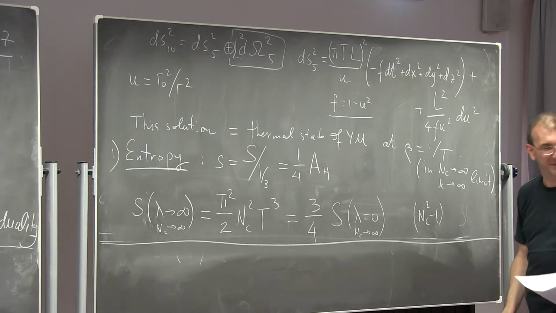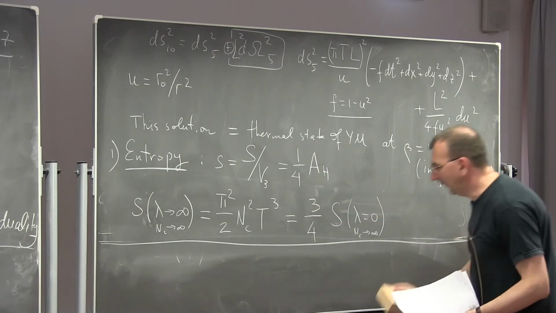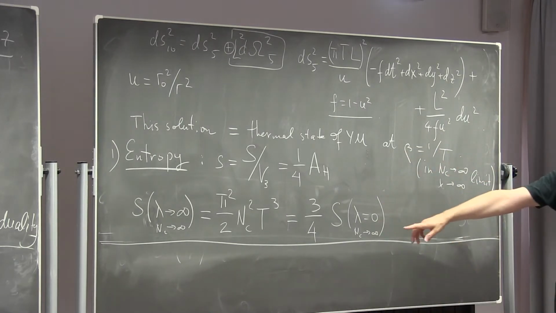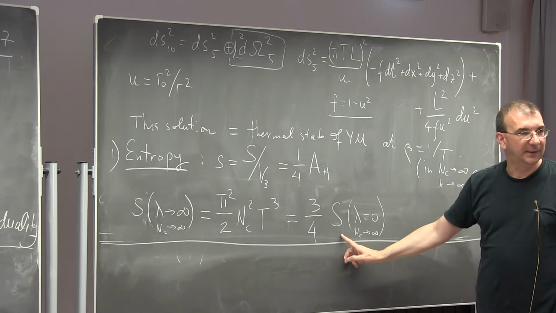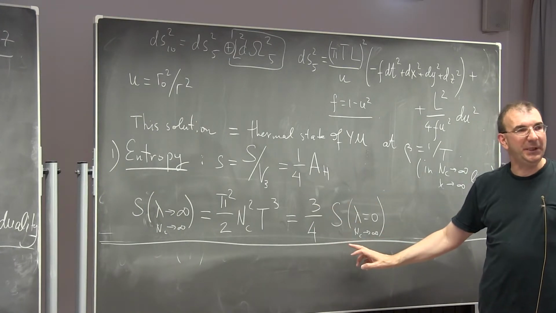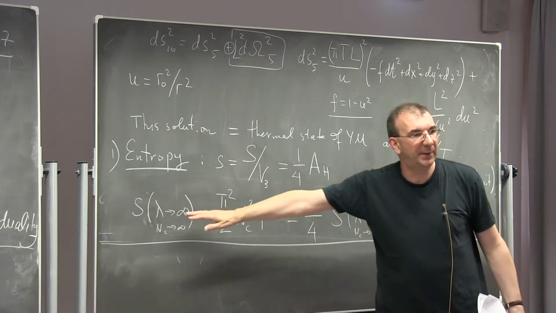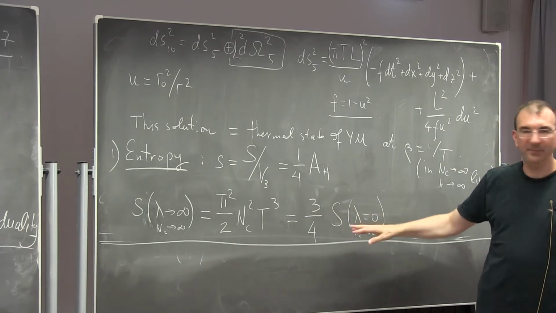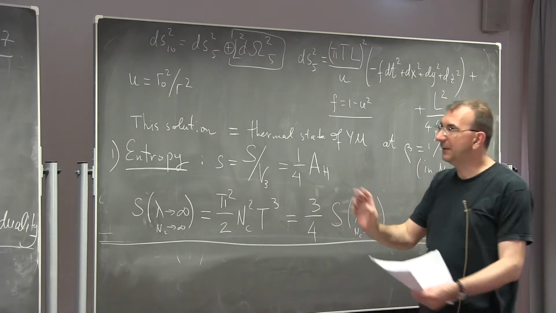Yeah, that's a more correct statement. But I draw your attention to the fact that the entropy density, if you believe this answer, doesn't change that much between zero coupling and infinite coupling. The change is 25%, no more. This is an interesting thing to note.